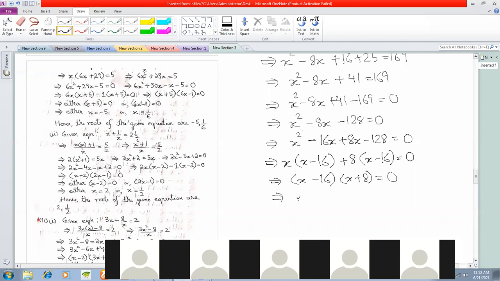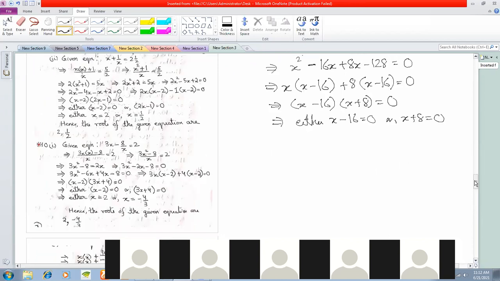So you get either x minus 16 is equal to 0 or x plus 8 is equal to 0. That means either x is equal to 16 or x is equal to minus 8. The roots are 16 and minus 8. That's it.